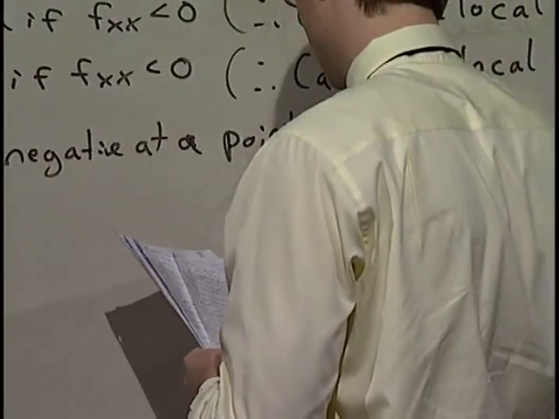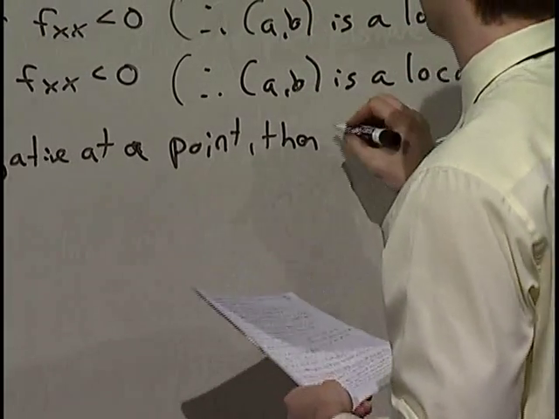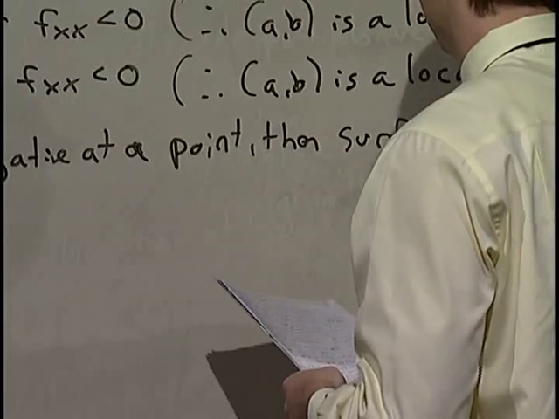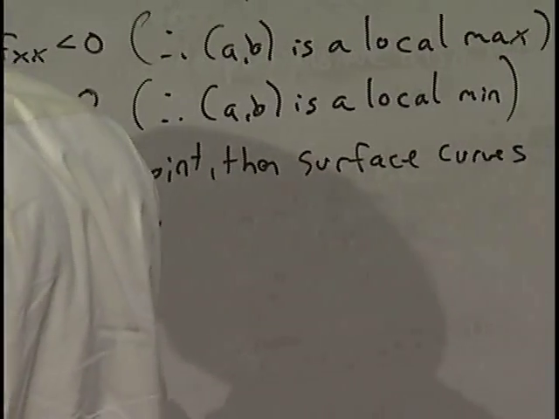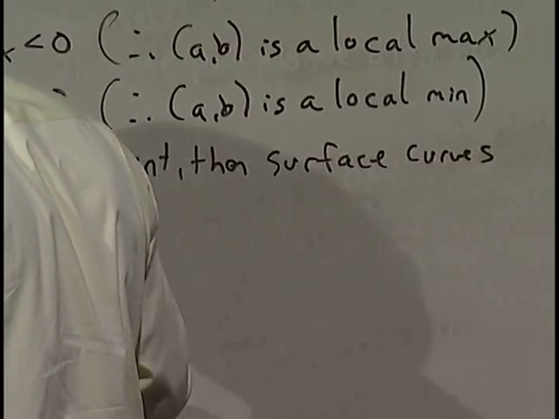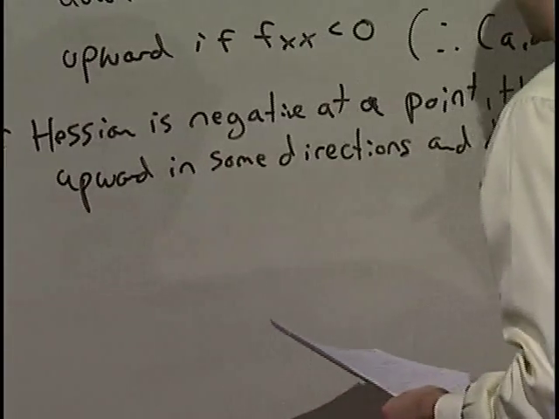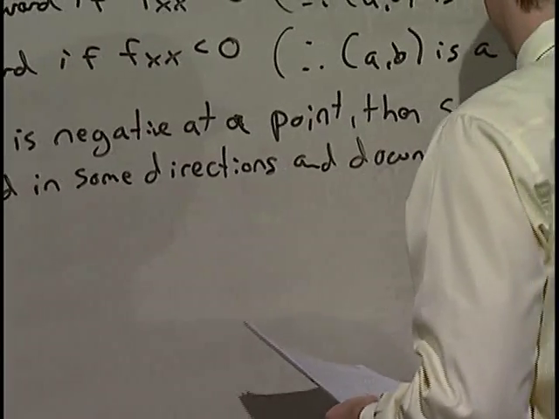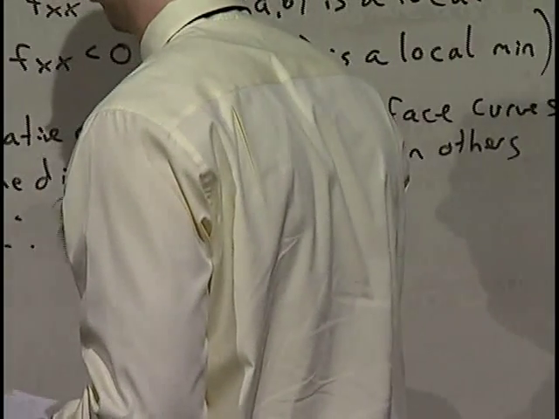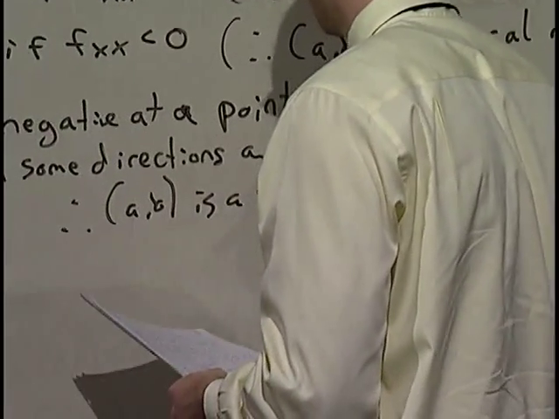Then what? Then, oh yeah, sure. So then the surface curves upward in some directions and downward in others. And thus, AB is a saddle point.